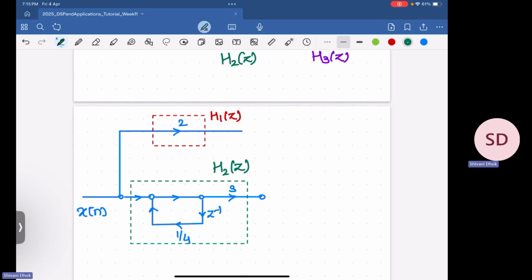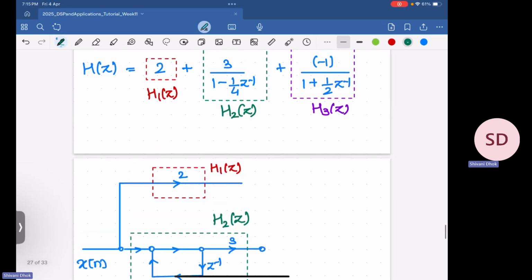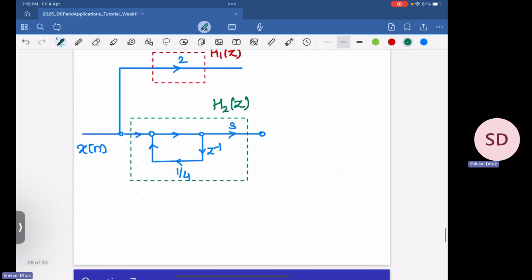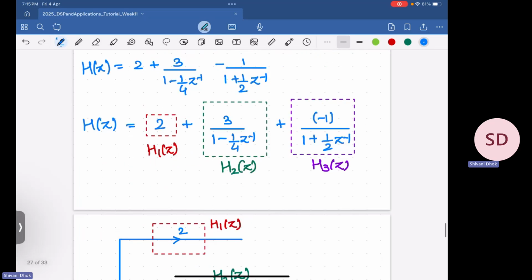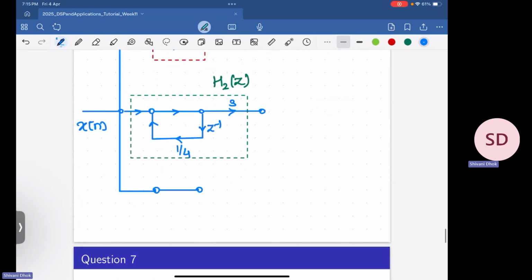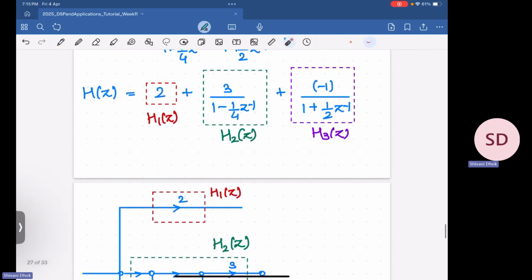Okay, and now we need to realize the third part, that is h3 of z. So in a similar fashion, we'll realize h3 of z. So let me take this down. Then I have something here like this. And again, it is a single order thing. So this comes here. Then we can delay it by 1 unit like this. That is something that we have here, z inverse. And then we have this coefficient of 1 by 2.